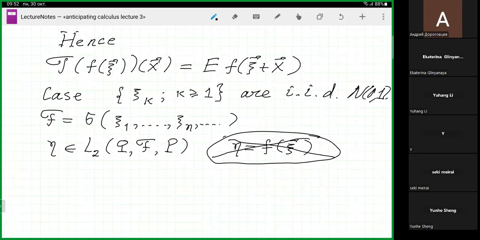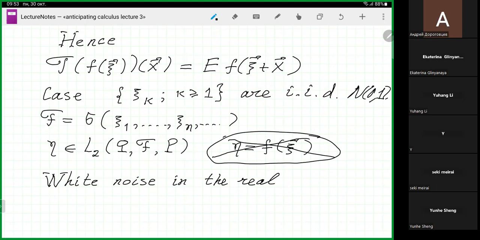Let us introduce the white noise in the real separable Hilbert space H.